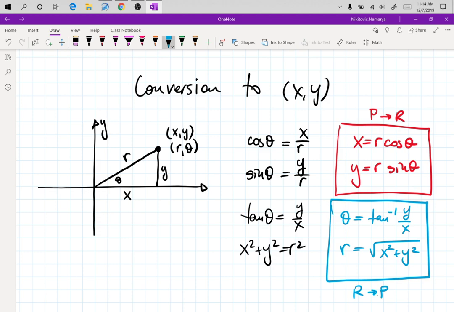Sometimes you have to convert, right? Now the question is, do these systems compete? Why would we bother having one or the other or both if they're both on x, y, if they're both representing the same point, and so on?